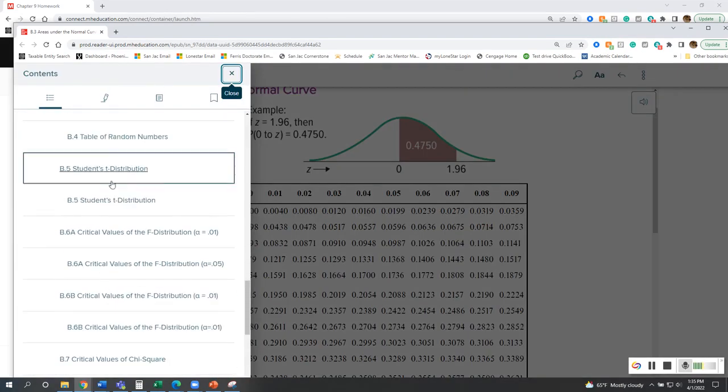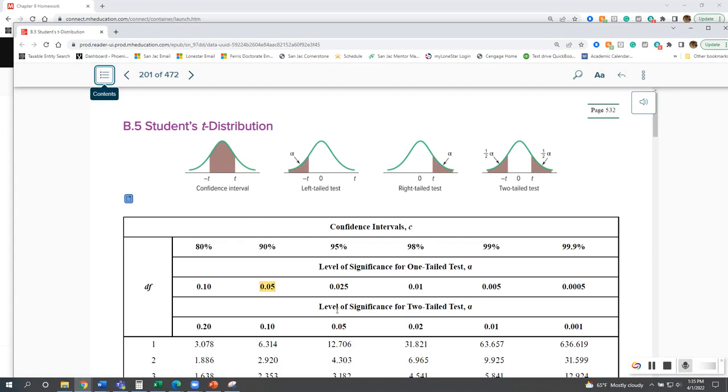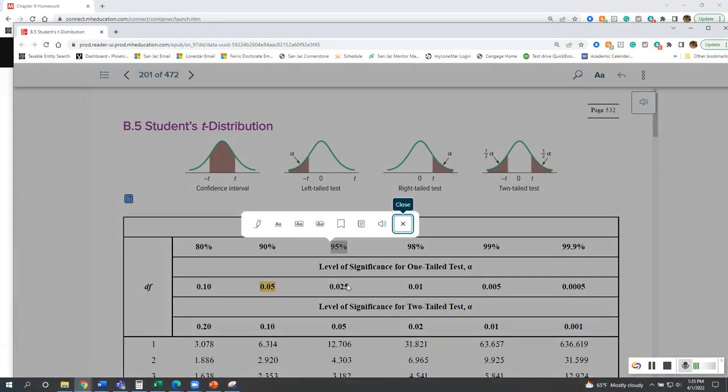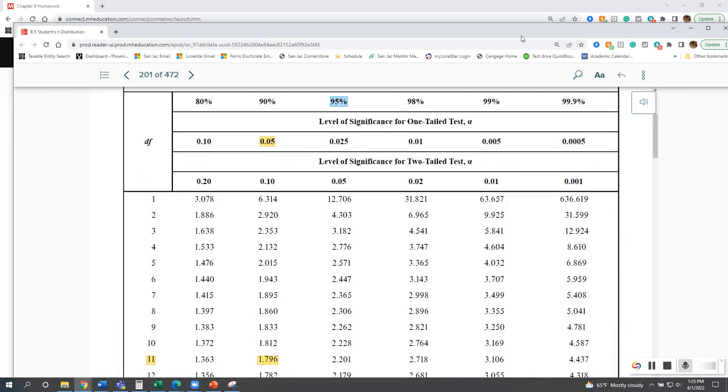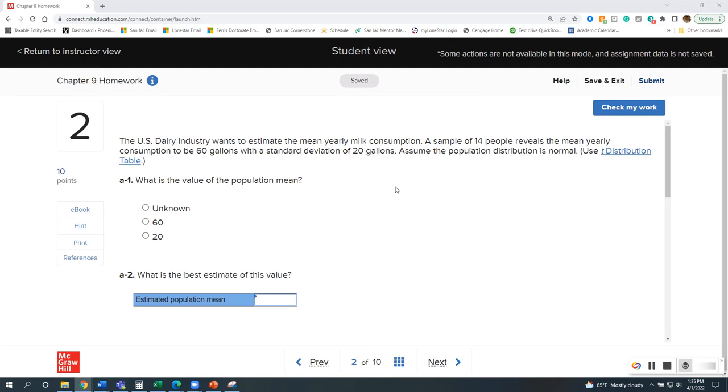Right here, under T distribution, we're going to look at 95. We'll put this in blue. And then we need to find our sample, 14. Remember, for the T value, since it's a sample, we minus 1, so it's going to be 13.